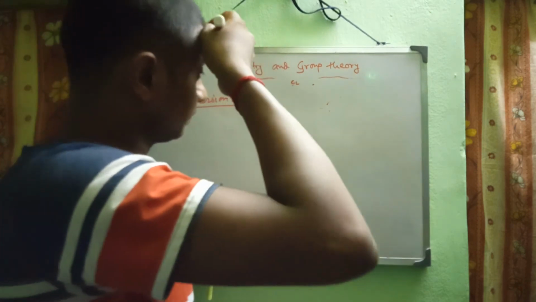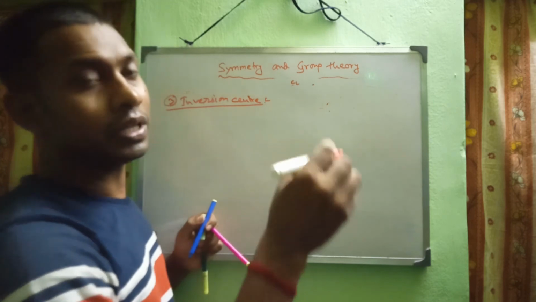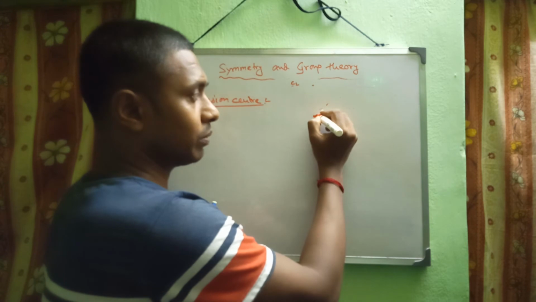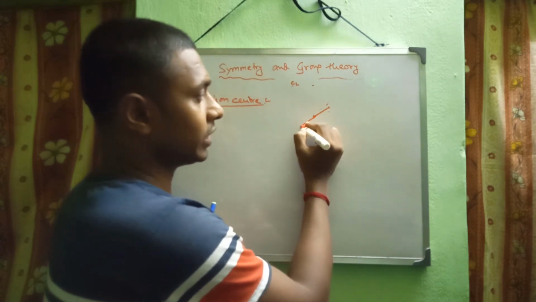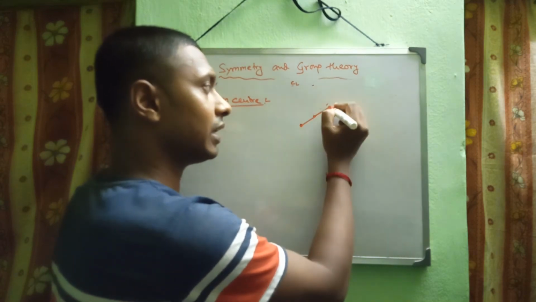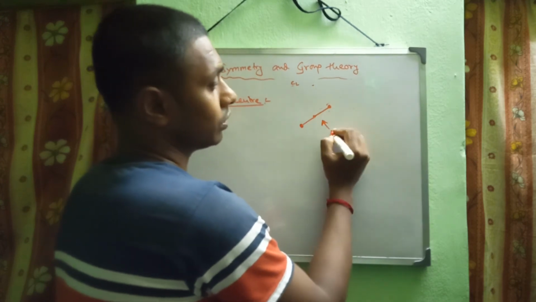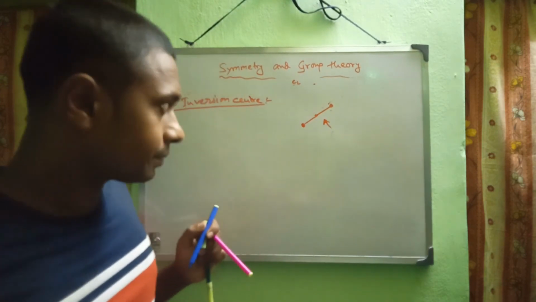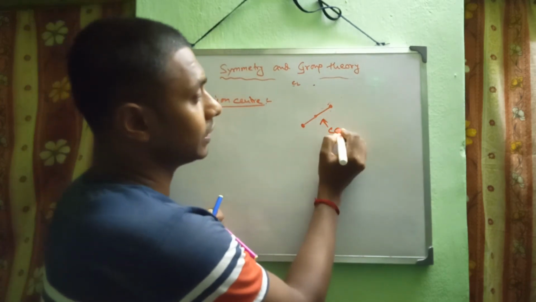If in a molecule, an atom is joined to the center of the molecule, and the line is extended to the same extent in the opposite direction, and the same atom is present there, then the molecule contains a center of symmetry.